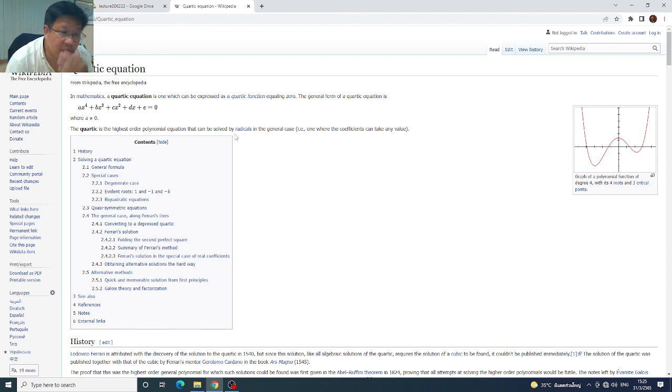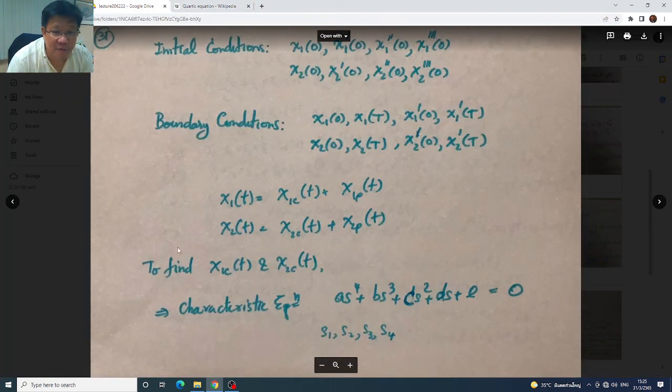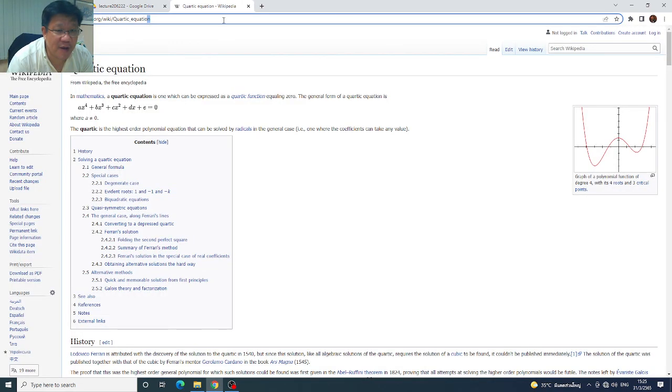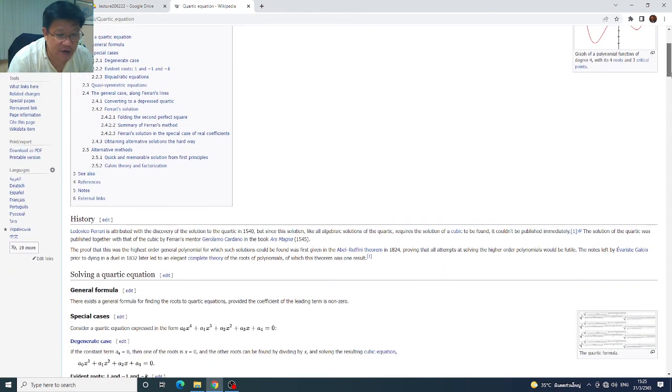So the bus stops here, at the quartic equation. That's why this is going to be the last example. From the fifth order it is very hard to find a general form.